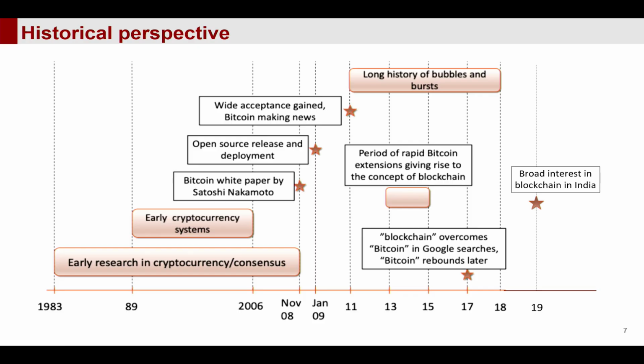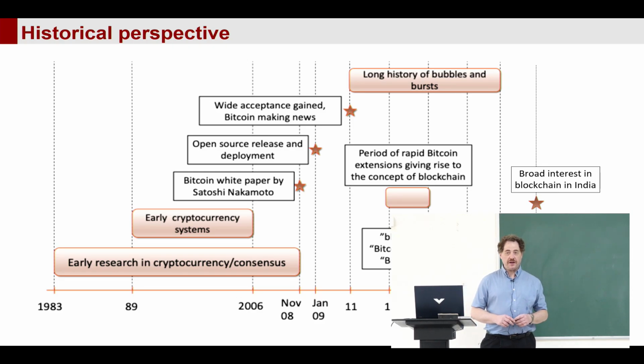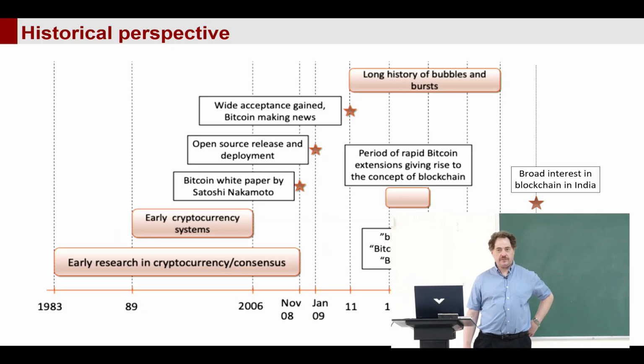So the first system, or the first cryptocurrency system, is not Bitcoin. The first cryptocurrency system was DigiCash. It came out in 1989, like 20 years before Bitcoin. And as a matter of fact, again, before the internet became widely accessible to the masses, it was actually a relatively large scale, relatively popular cryptocurrency system for that time.